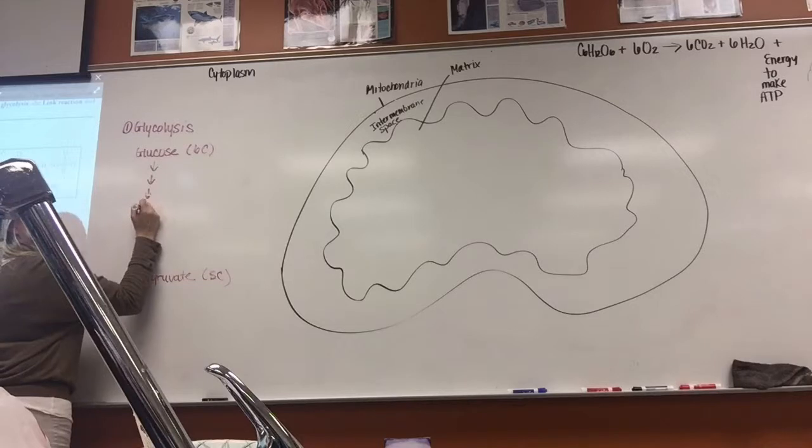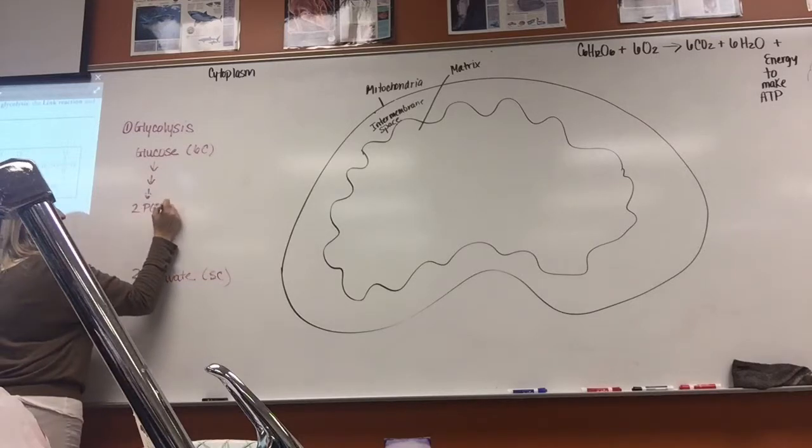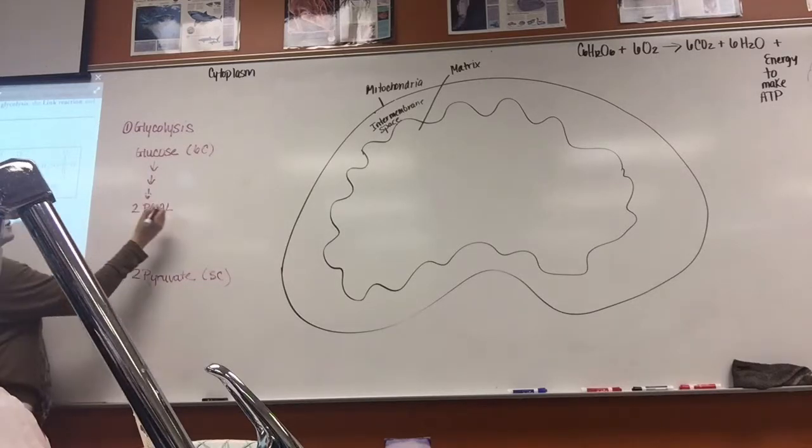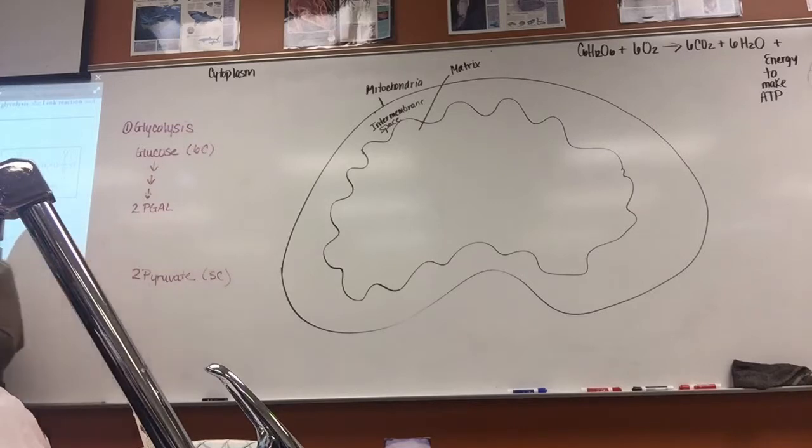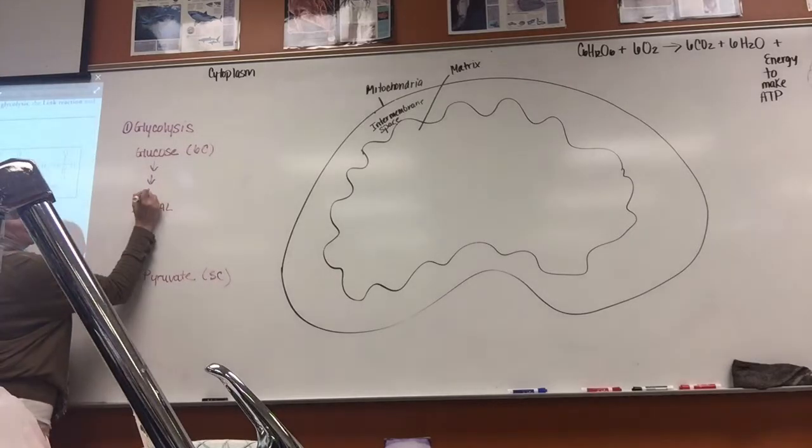Another name for P-GAL in our notes and in our book, you may recall what it was called. They didn't call it P-GAL, they called it something else. G3P, does it ring a bell? Not really. All right, they're the same molecule, so I just wanted to point that out.